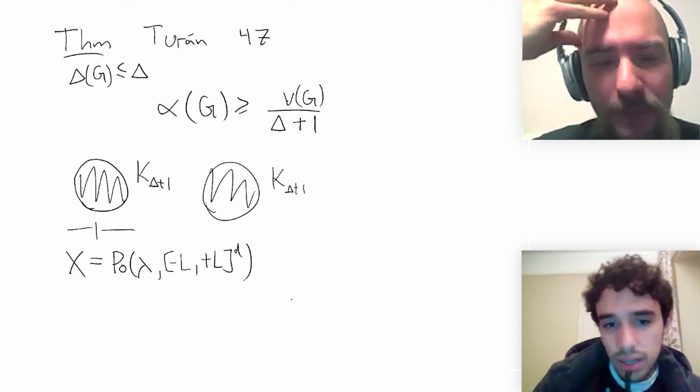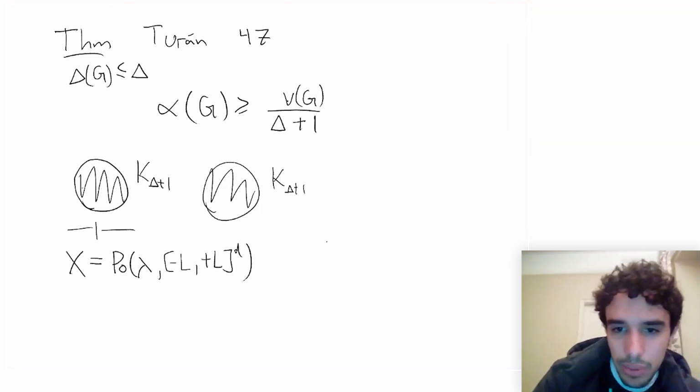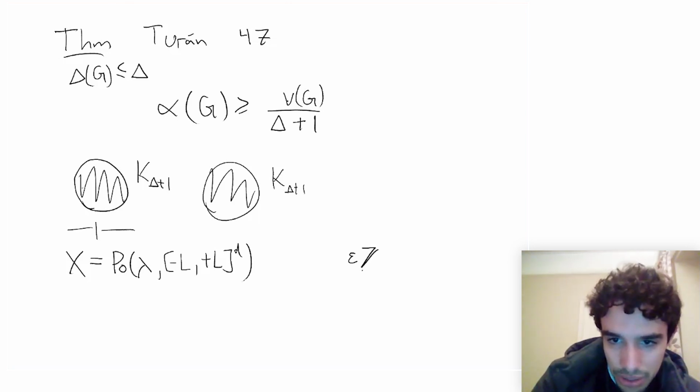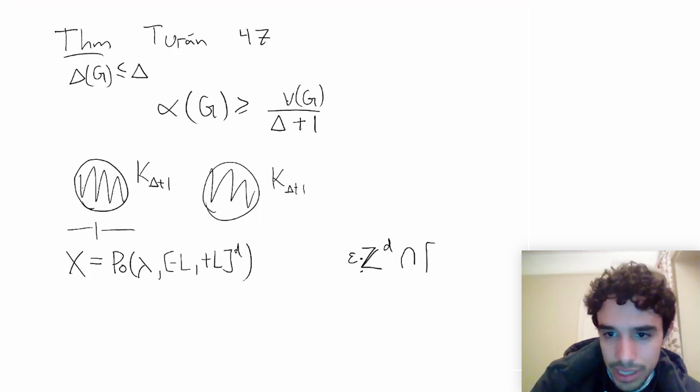Right. Okay. So the way I think about it is that you just take epsilon. You take the lattice Z^d, scaled by epsilon, and you intersect with the box.